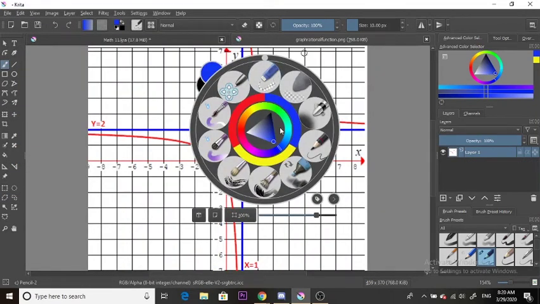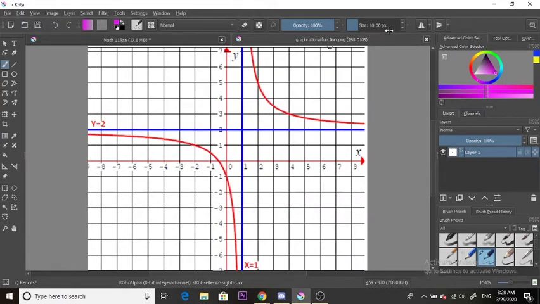Okay, so let's choose a different color just for fun, and let's decrease the size of this for a bit. Let's take a look at our domain first. We know that our domain will always start with negative infinity, and it goes towards our h.